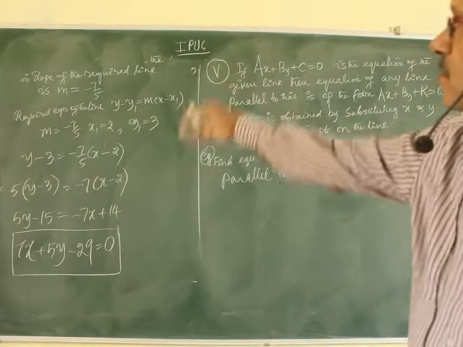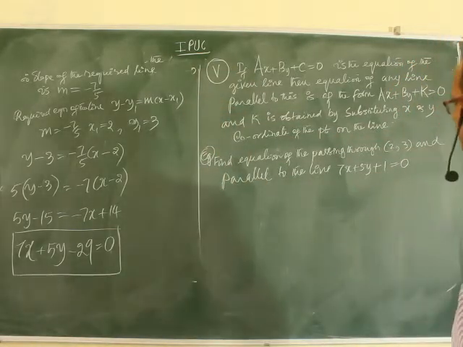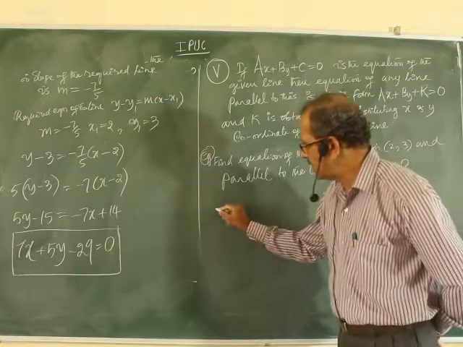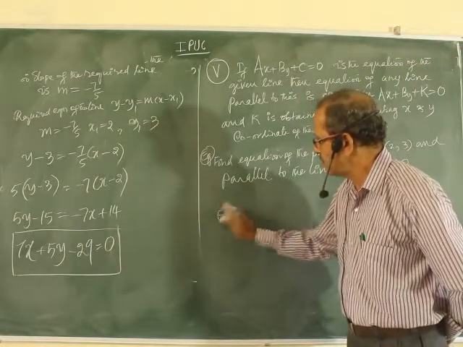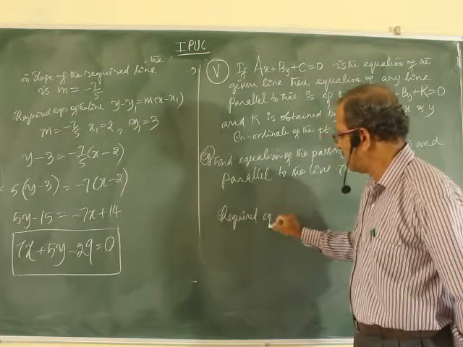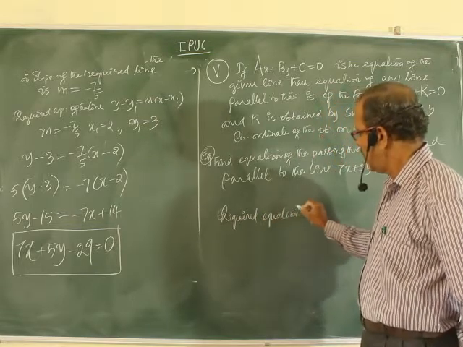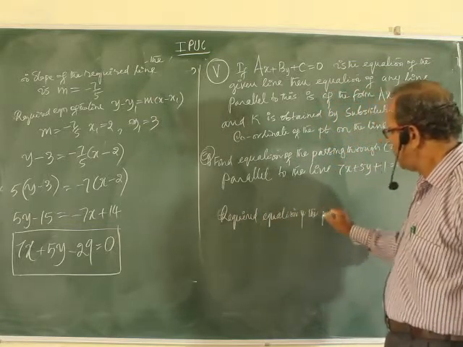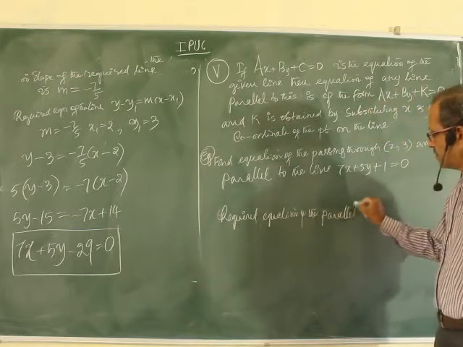You need not do the lengthy method. The easiest method is: the required equation of the parallel line is 7x + 5y + k = 0.